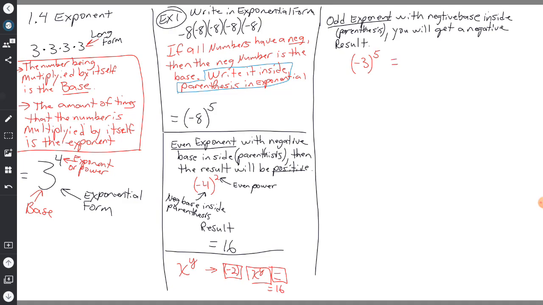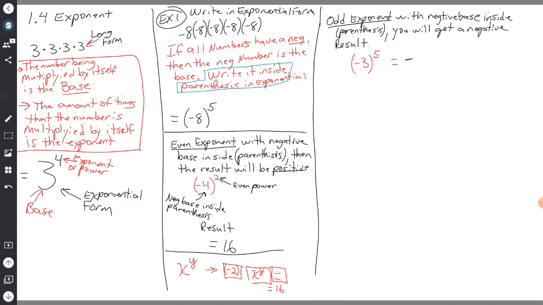So if you know that rule, and you have to calculate negative 3 to the 5th power using your calculator, you can just use 3 to the 5th power and then put your negative in your answer. So 3 to the 5th power, what do we get?